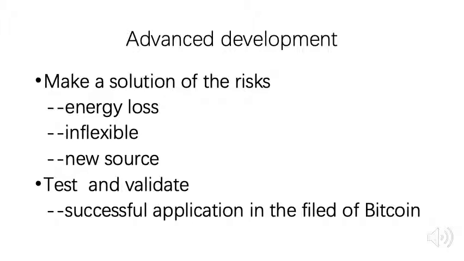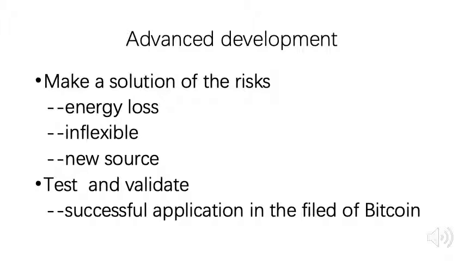And then for test and validation, we need to know why we choose blockchain technology. It's because of its successful application in the field of Bitcoin. We know Bitcoin is a popular money in the world, and many companies such as PayPal and Amazon can use it.